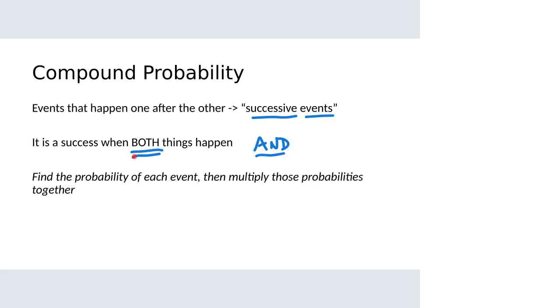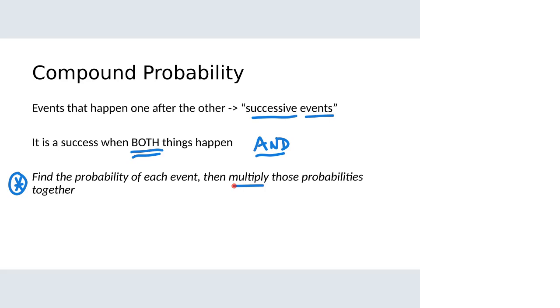Okay. When we want to calculate compound probability, the way that we do that is very reminiscent of what we saw when we did the fundamental principle of counting. We're going to find the probability of each event and then multiply those probabilities together.